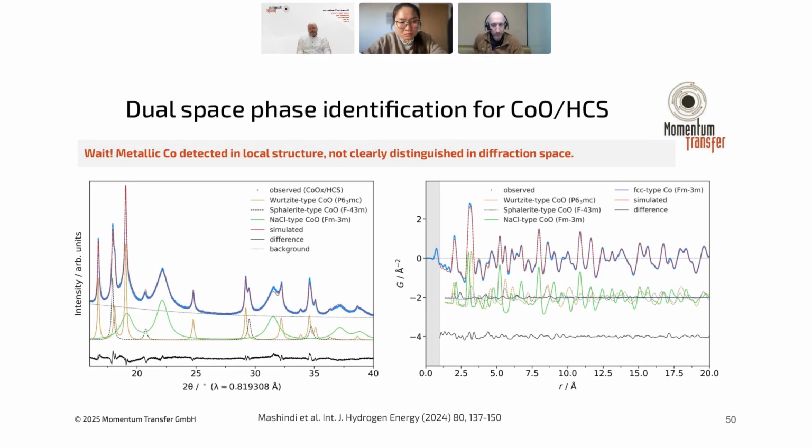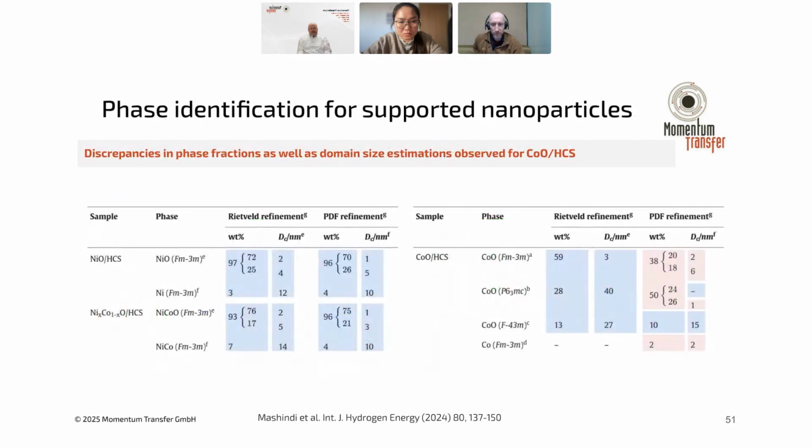And again, now we go in and feel reasonably confident that we've gotten everything that we can find there. There's probably improvements you can make, but I feel quite good about that. But now you look at the quantitative estimations that you get, and you actually see quite large discrepancies in the amounts, particularly of the Quartzite and sphalerite type cobalt oxide.